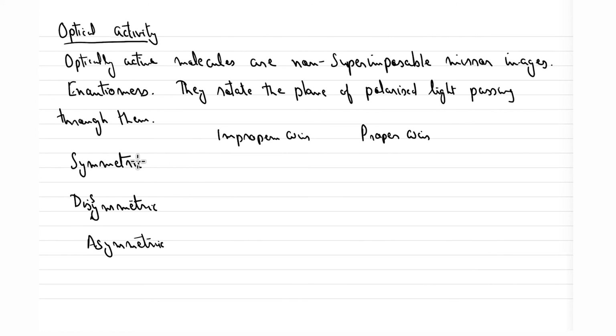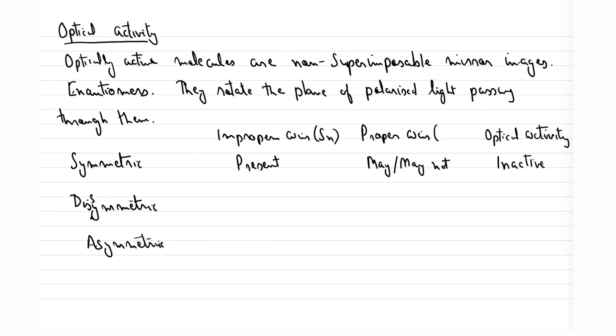Symmetric molecules will have an improper axis present, and a proper axis may or may not be present, and they are optically inactive. So symmetric molecules have an Sn axis; this is Sn, this is Cn, right?